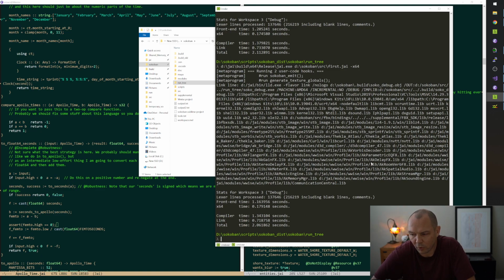What caused the slowdown? I'm not completely sure. I think it's the way that I restructured the type checking loop in a way that I thought would be faster, and it wasn't faster. In fact, it was much slower.